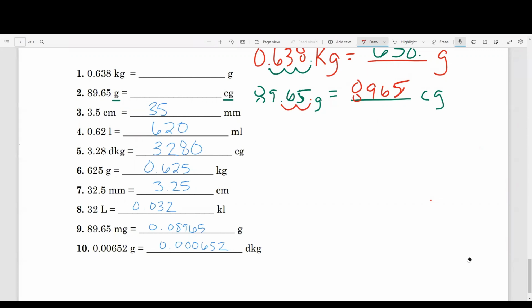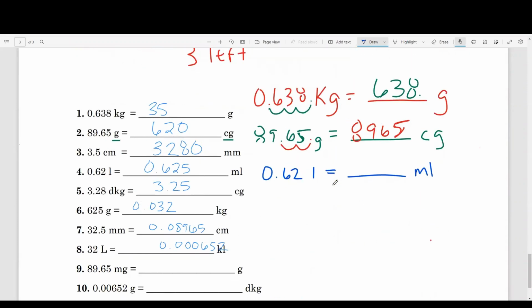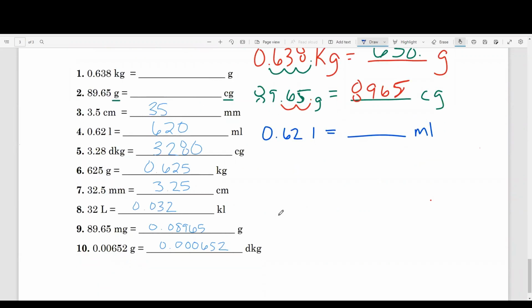All right, so remember, liters is a base unit. Oh Lord, I should have done it the other way.